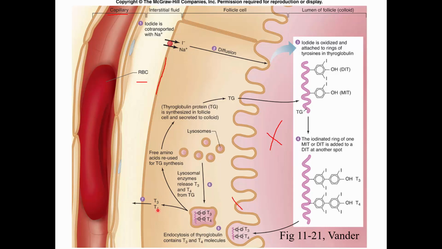T3 and T4 are lipid soluble. They're going to go into the capillary system and find binding proteins, and those proteins carry thyroid hormone around in the blood and take it to its target. The fact that it's being carried by a protein carrier is what extends its half-life.